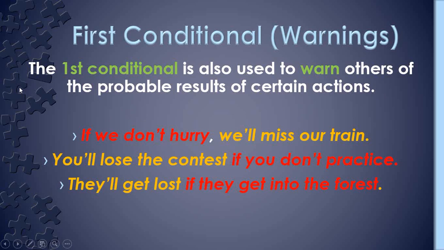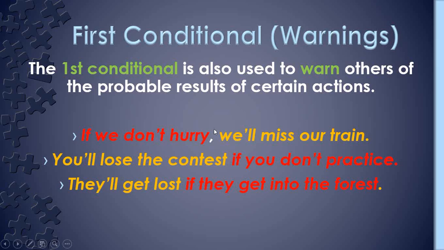Well, the first conditional is also used to warn others of the probable results of certain actions. Here we have 3 examples to show you how we can warn others using sentences in first conditional. For example, if we don't hurry, we'll miss our train.